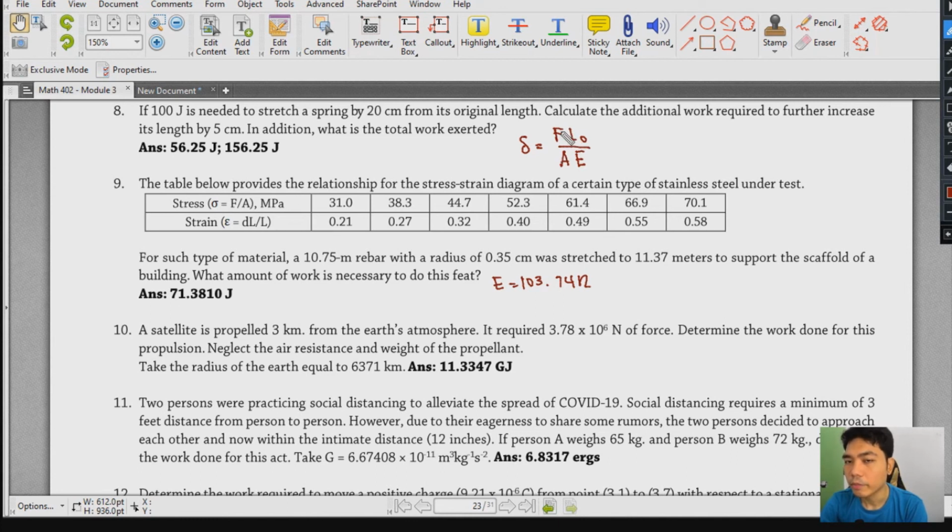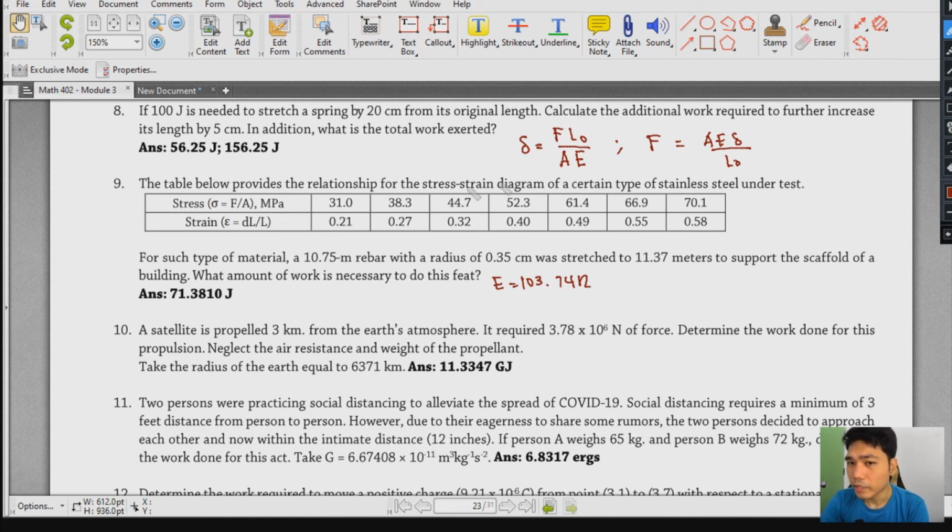As you can see, there's this F, which is the force required. So if we have to represent F, we could say that it is AE times delta over the original length.